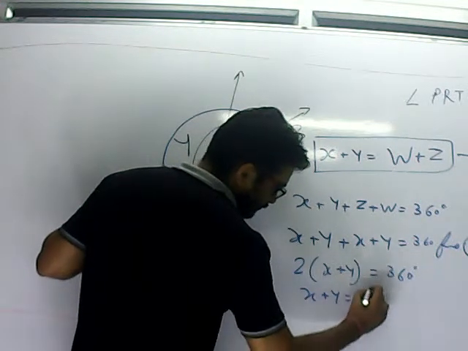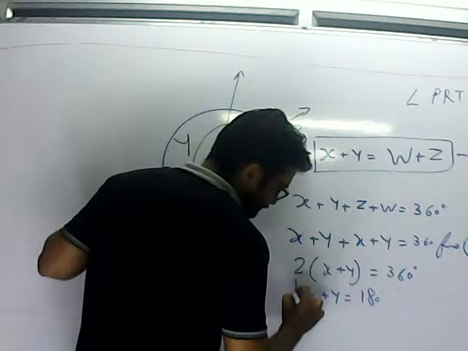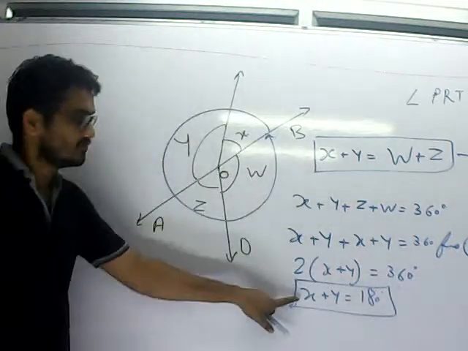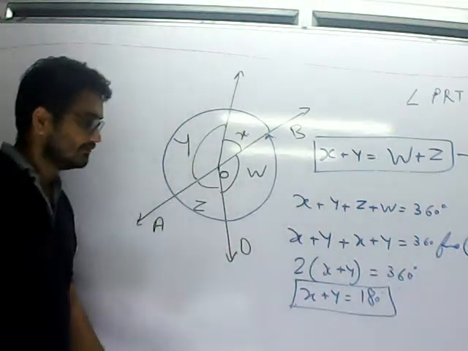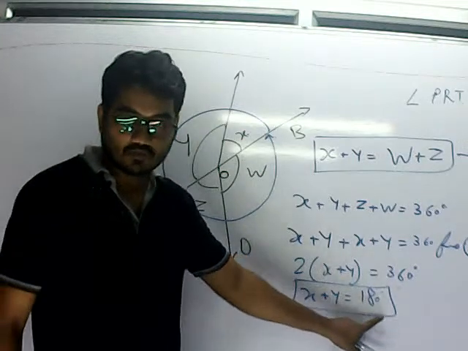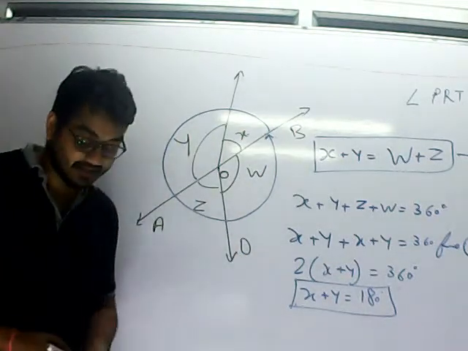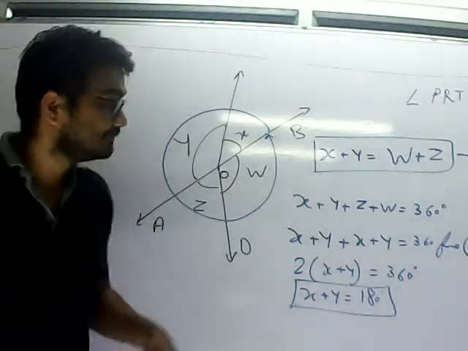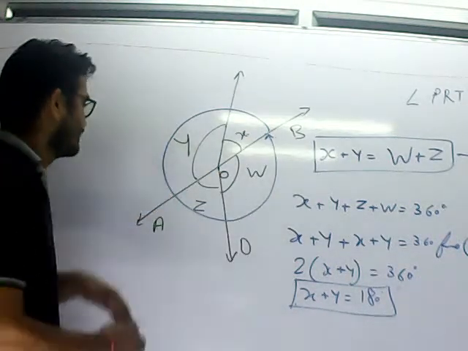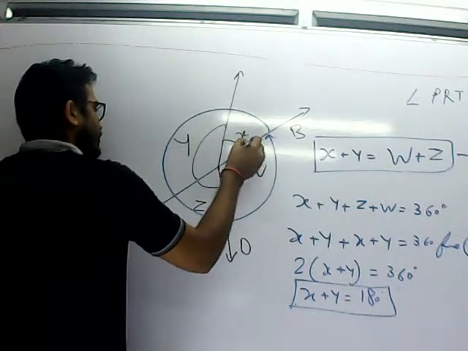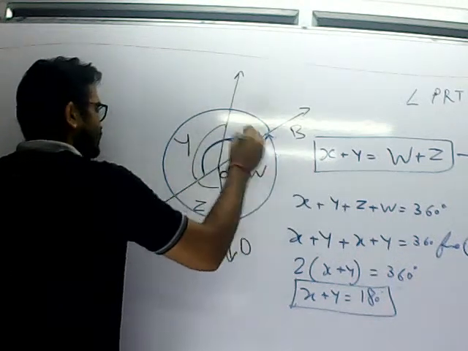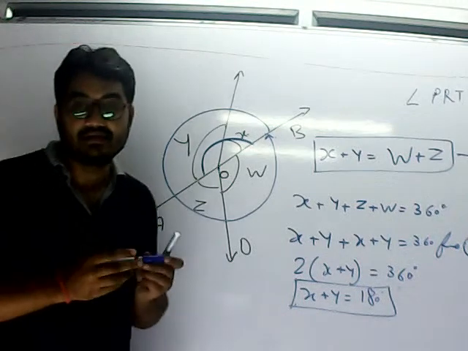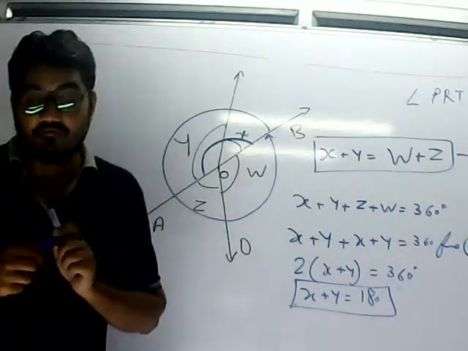What does that mean? That x plus y is equal to 180 degrees. Now if x plus y is equal to 180 degrees, what does that mean? That means that this point from here to here, this is a linear pair of angles.